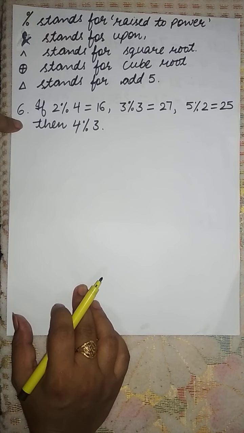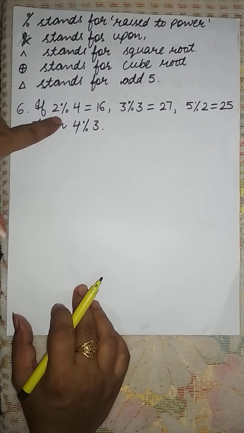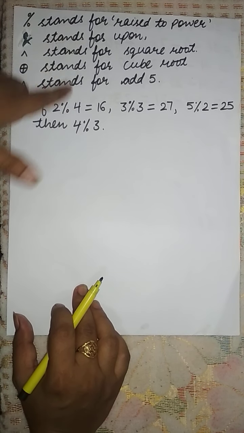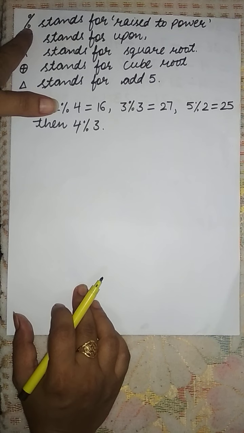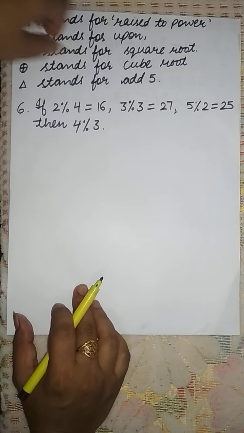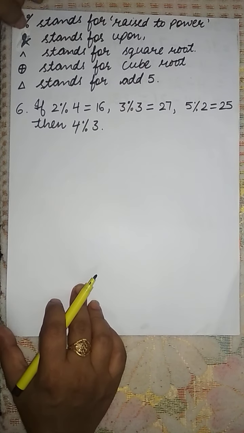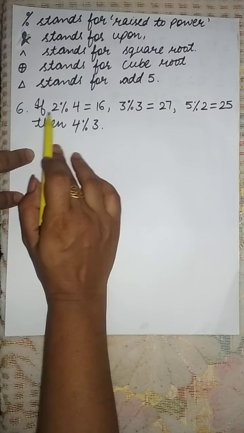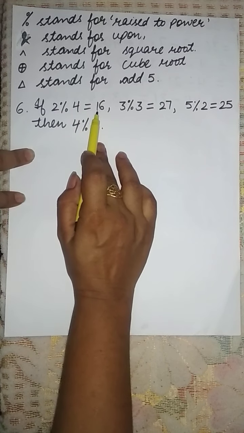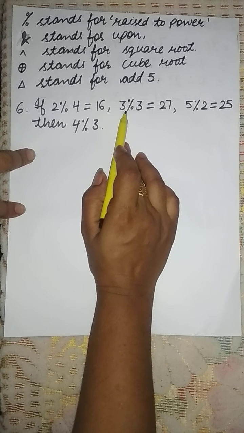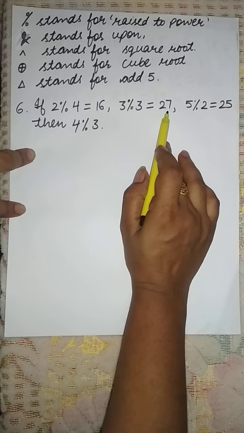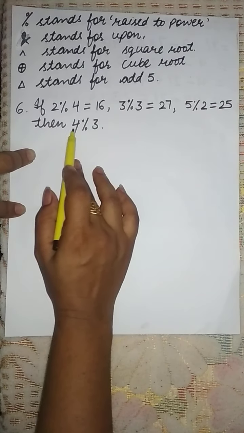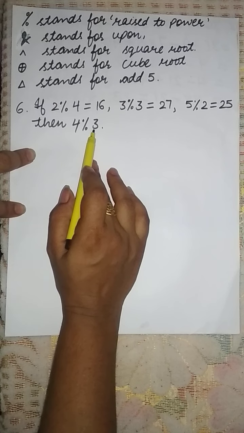Now in question number 6 only the percentage sign is used. So I know that the percentage sign stands for raised to power. Now we can write this question as: if 2%4 is equal to 16, 3%3 is equal to 27, 5%2 is equal to 25, then 4%3 will be equal to what?